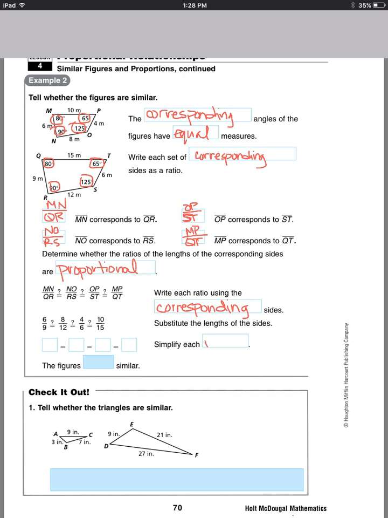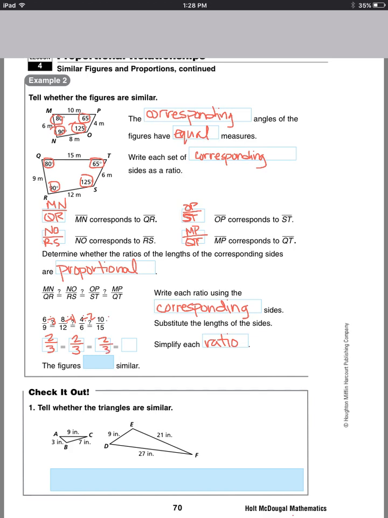Then we need to simplify each ratio. Okay, 6/9 we can divide by 3, and when we do that, we get 2/3. 8/12 you can divide by 4, and we get 2/3. 4/6 we can divide by 2 and get 2/3.